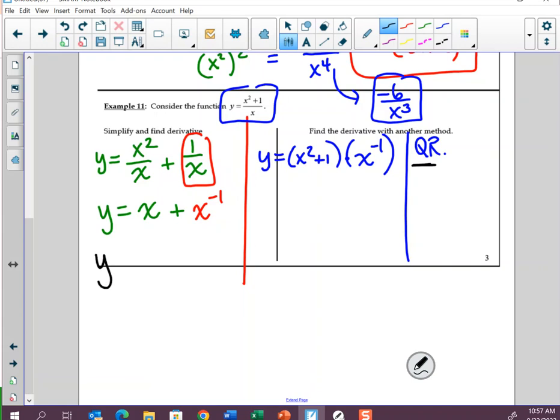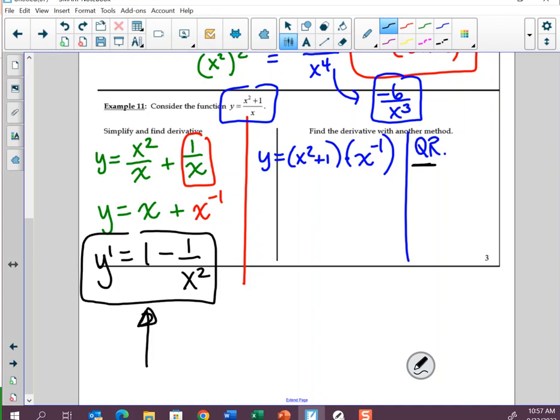I will tell you, no matter what technique you use, the derivative you would get should be equivalent to 1 minus 1 over x squared.